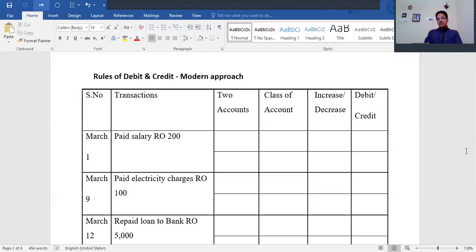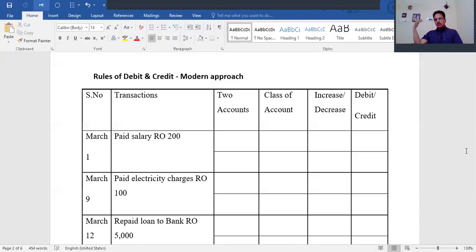Now, what is the rule? The personal account rule is debit the receiver, credit the giver. The person who receives, his account will be debited. The person who gives, his account will be credited. Then the real account: debit what comes in, assets and properties. If it comes to the business, debit. Credit what goes out.